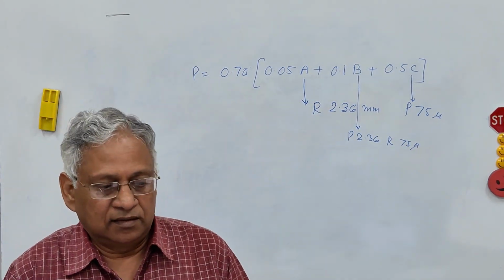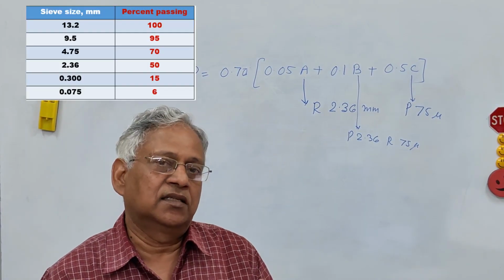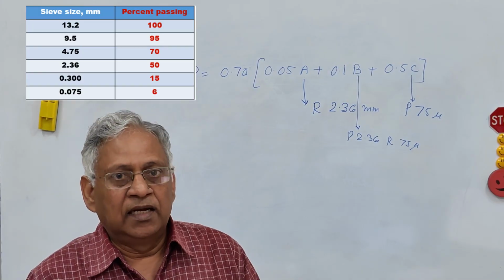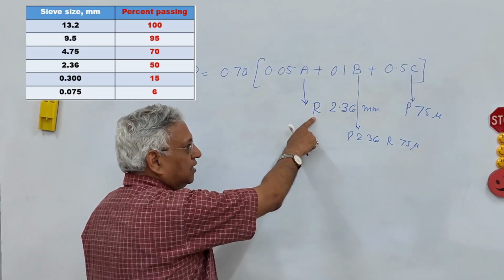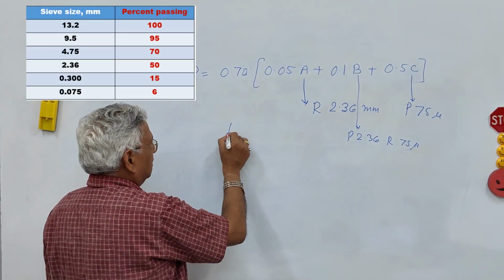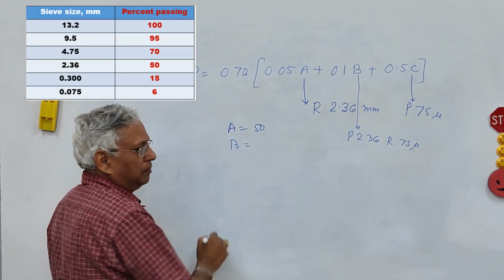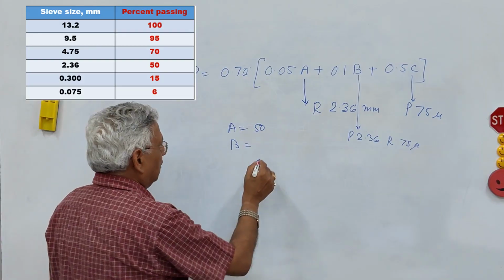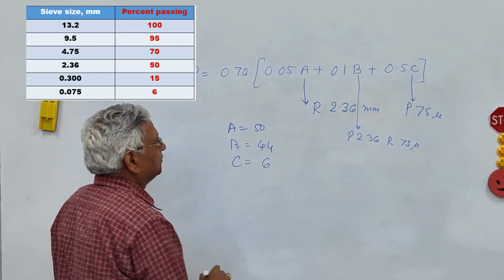So if you consider the grading for 30 millimeter bituminous concrete as suggested in MORTH Specification 2013, then this A value, which is the aggregate retained on 2.36, will be 50%, B value will be 50 minus 6, that is 44, and C is 6.